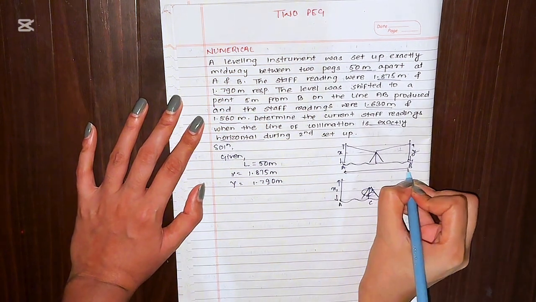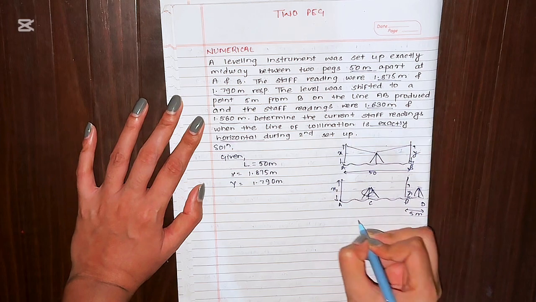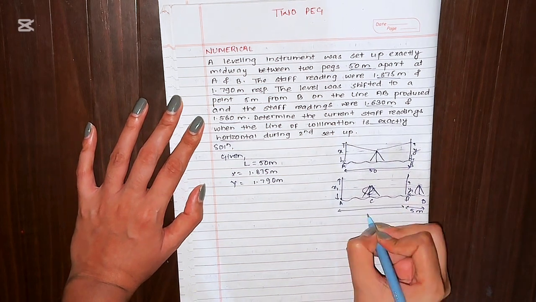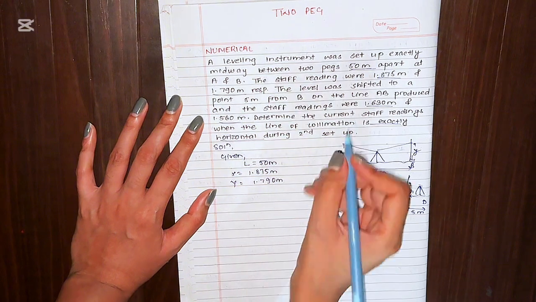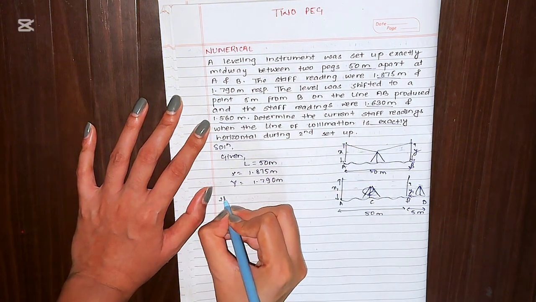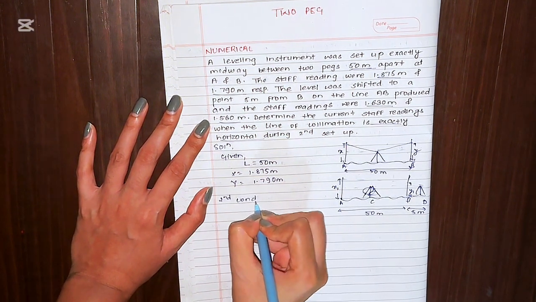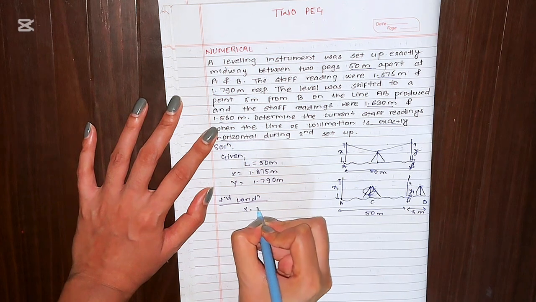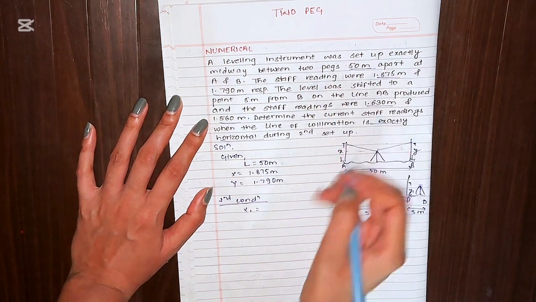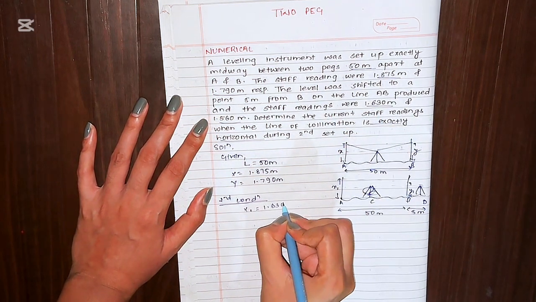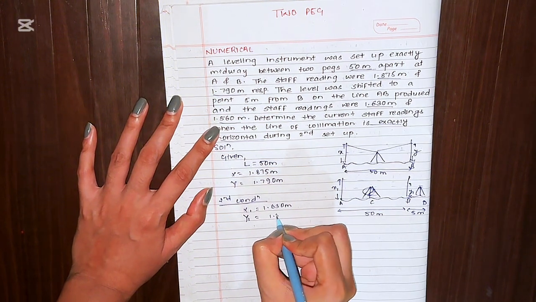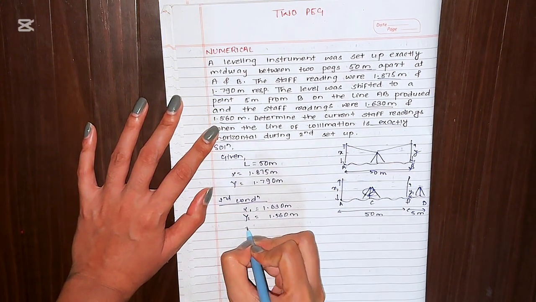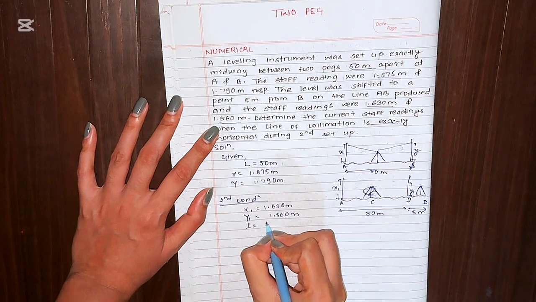This is total distance 50 meter. So here at the second condition we have X1 is equal to 1.630 meter, Y1 is equal to 1.560 meter and L is here 5 meter.